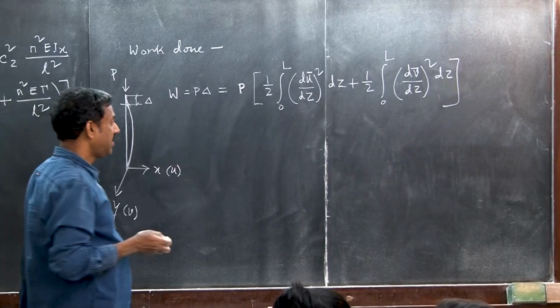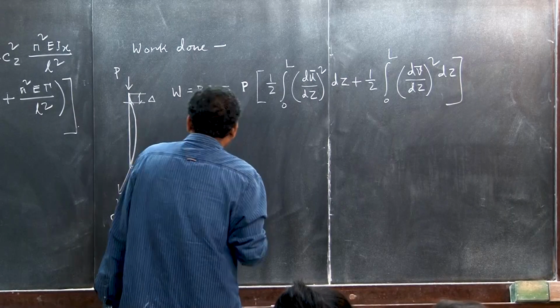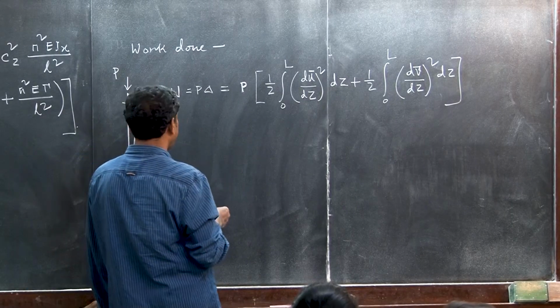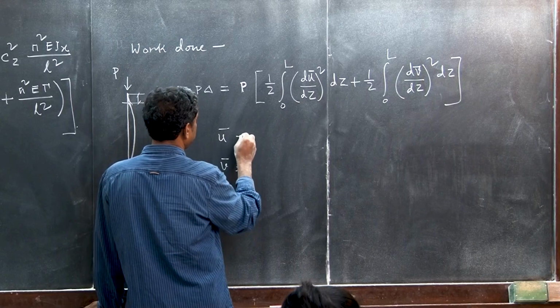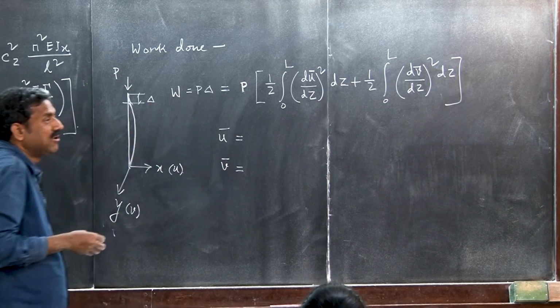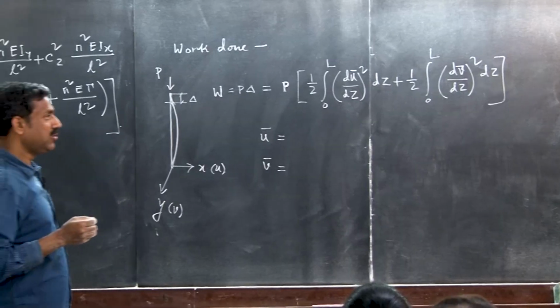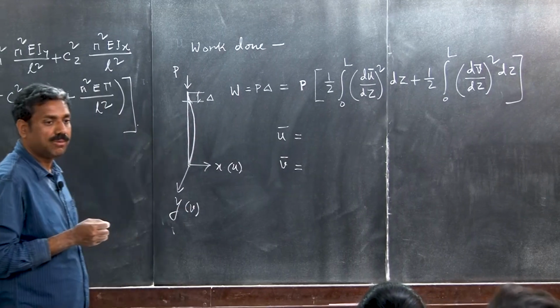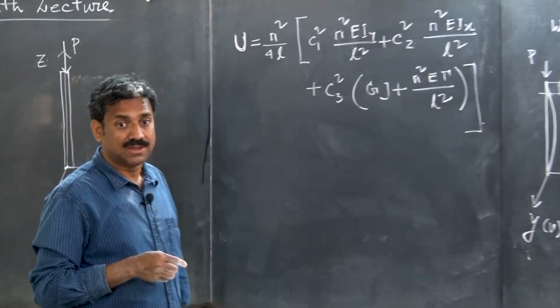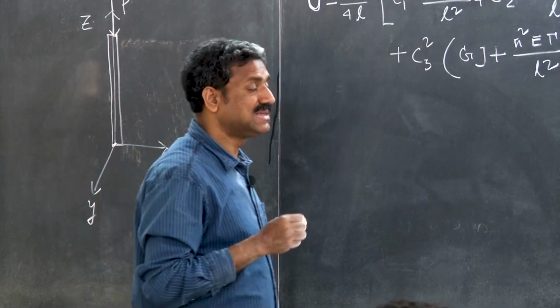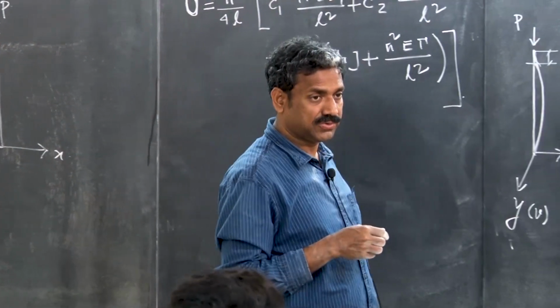Fine. Now there is another thing. Why am I putting U bar and V bar? Because you see that U, V and W are the deflections at the CG, right? That's what we have taken.